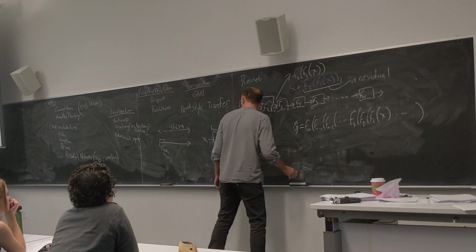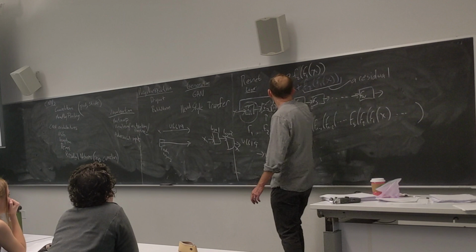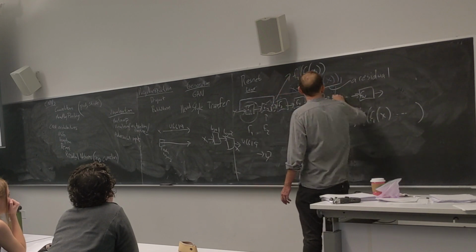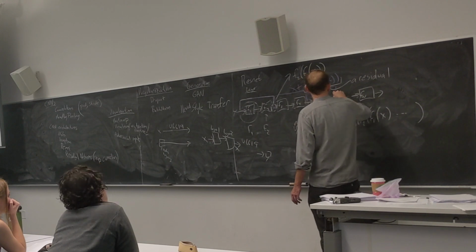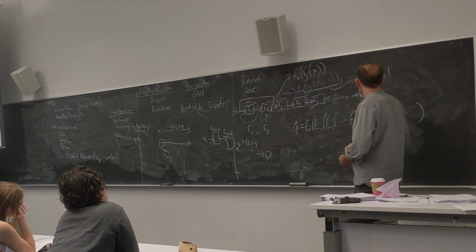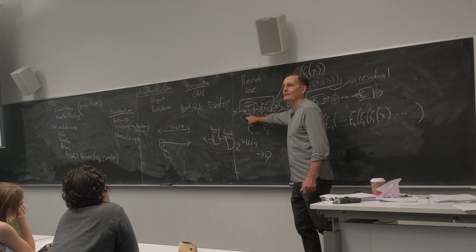If we add a bunch of these skip connections, so one here, and let's say to here, into here, then we know one path back to, let's say, F1, the weights in F1.